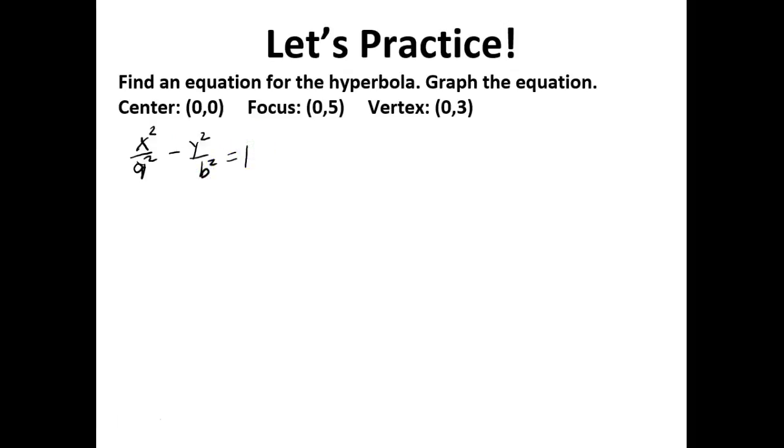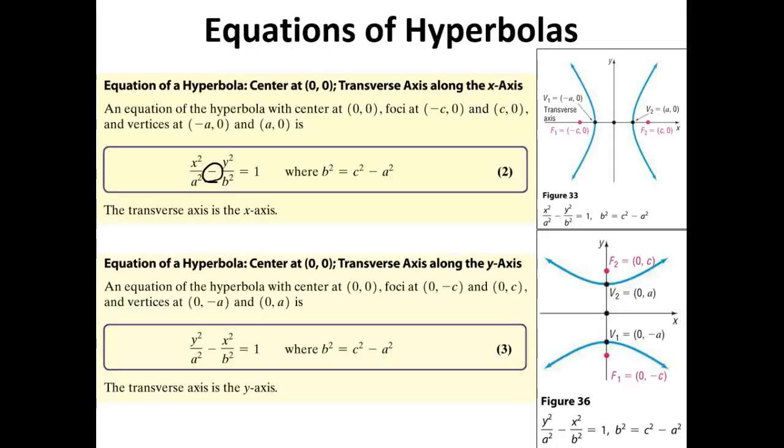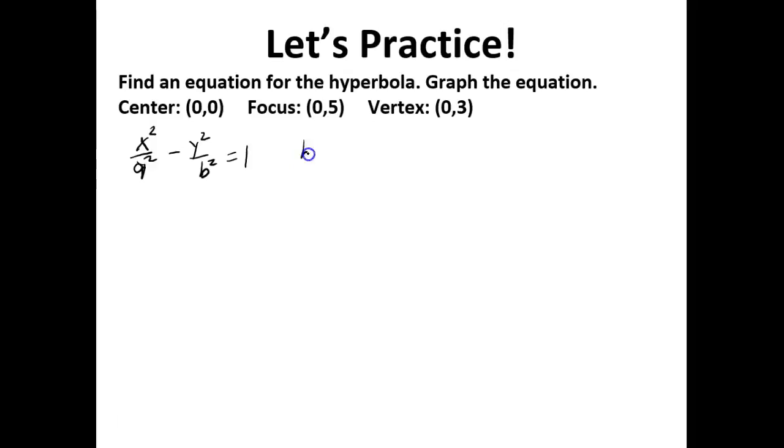And if we go back, b squared is equal to c squared minus a squared. Which one is the transverse axis? This would be the x is the transverse axis.